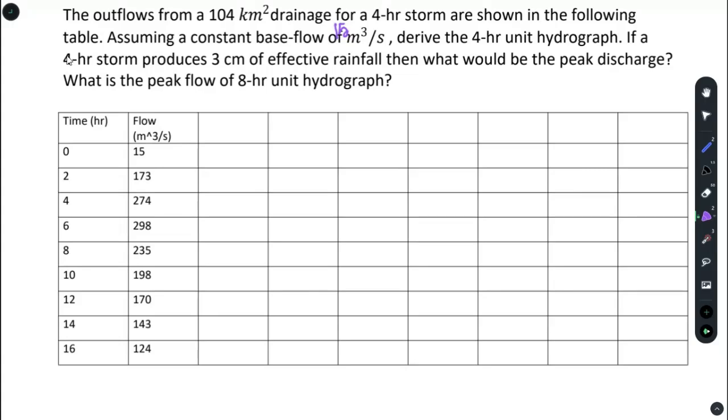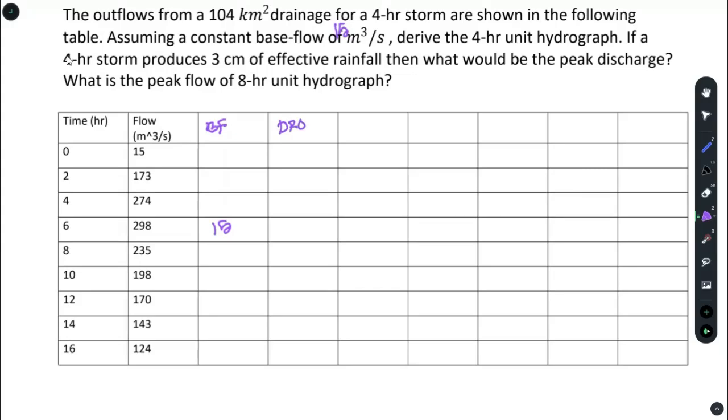So you have a flow, and you have to derive the unit hydrograph. In case of unit hydrograph, you just consider direct runoff. So let's say you have a base flow which is 15, and it's constant. You need to find out the direct runoff.